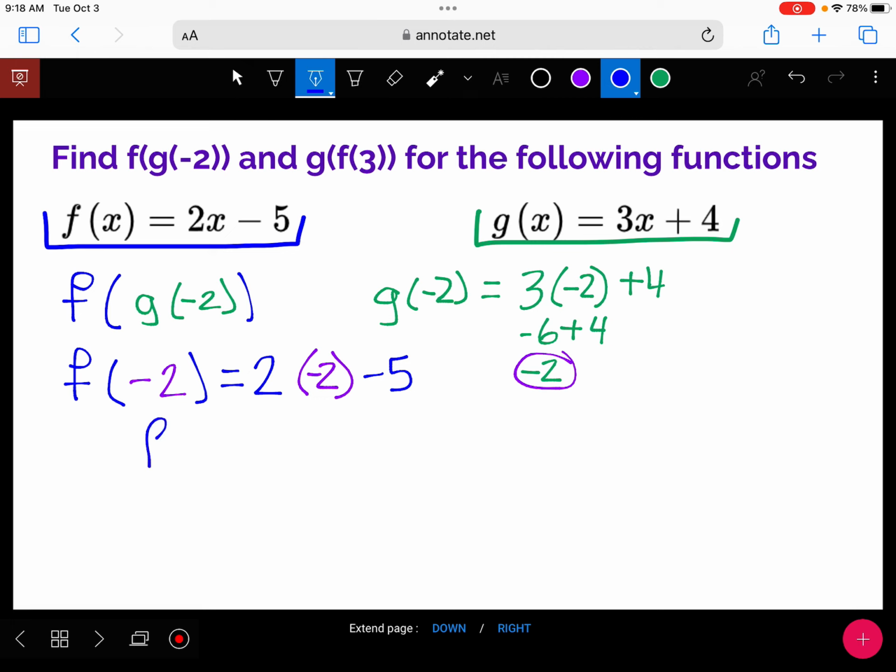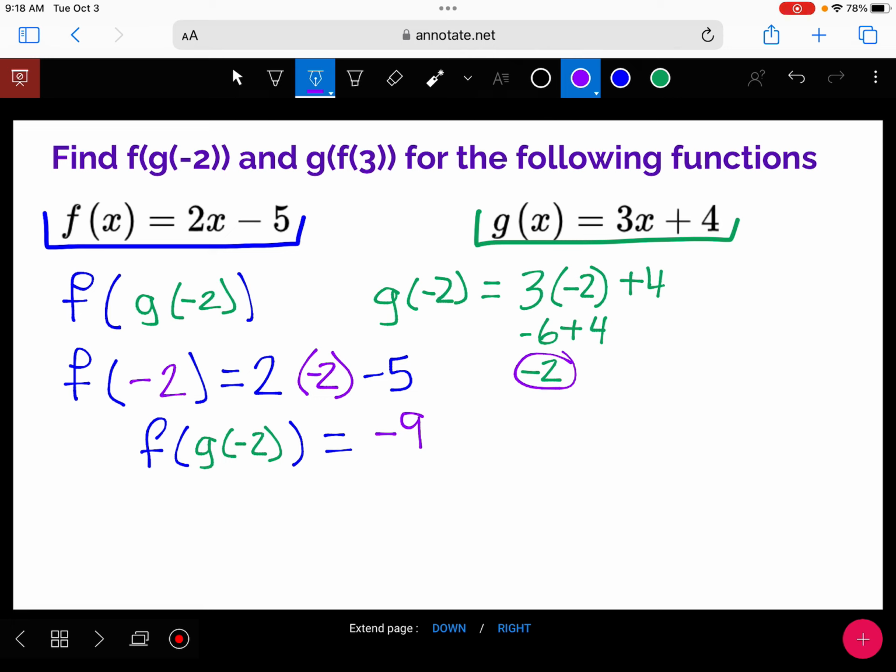So f of g of negative 2 equals negative 9. And we didn't have to compose the functions. We could. They're both linear functions. We could do it, but it's a lot more work. So you can just compose the numbers when they're giving us numbers.